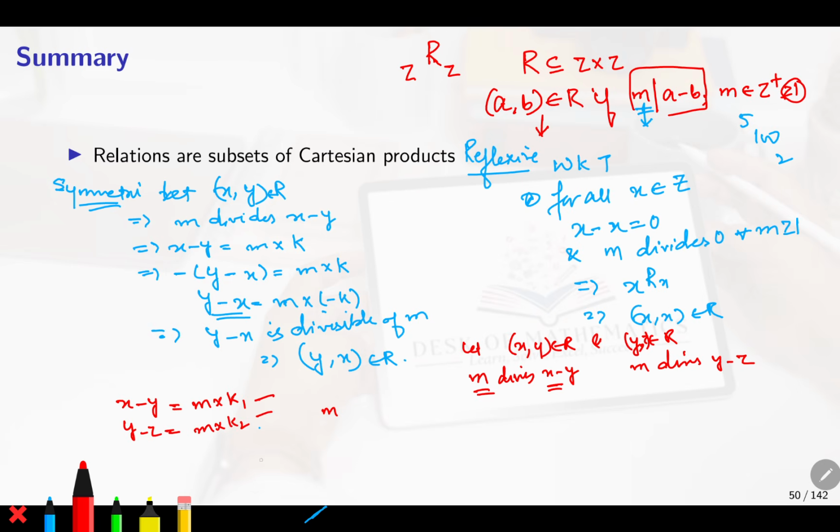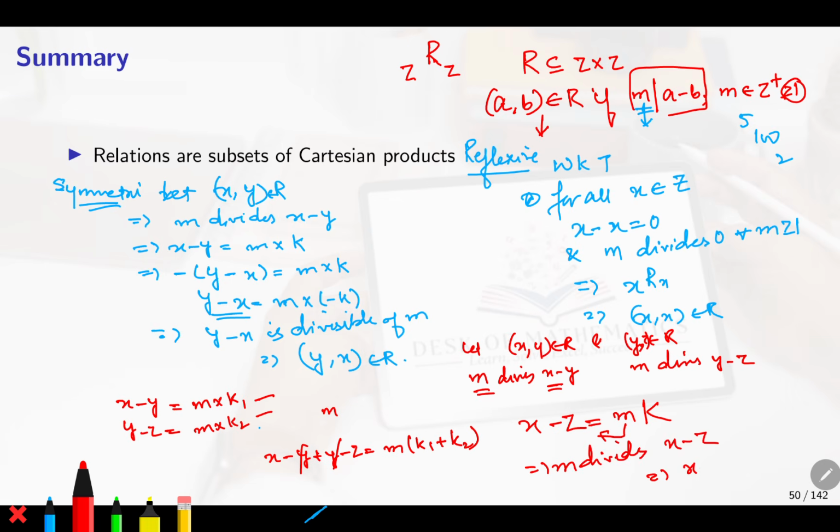Add these two equations: x minus y plus y minus z is equal to m times k1 plus k2. So x minus z is equal to m times the capital K. So m is again a factor, which means m divides x minus z. So x is related to z.